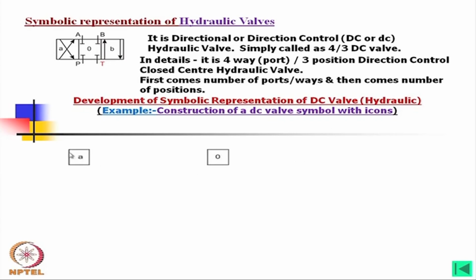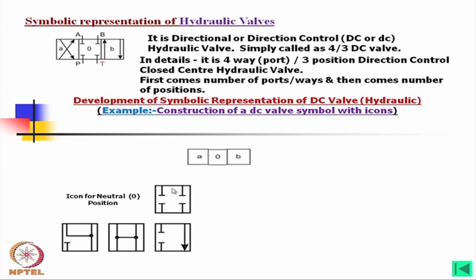Now we have another icon, here it is A. These are not icons, just a box where we will present the ultimate icon, and then we put A here, and then we take another, B, and put it here. So these are not exact icons, but representing icons, and then we can choose these 3, 2, even more icons, and we can construct a valve for directional control.